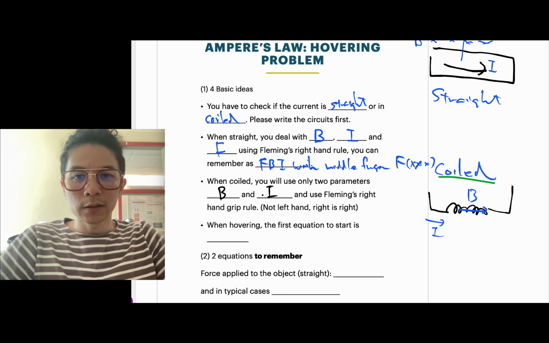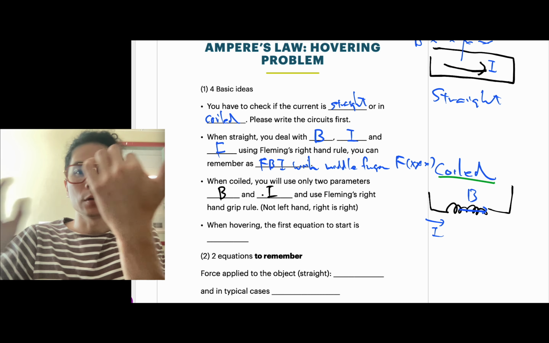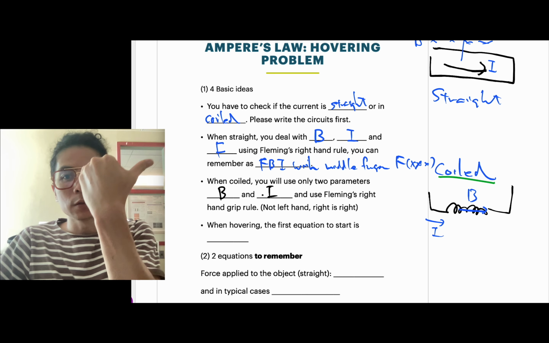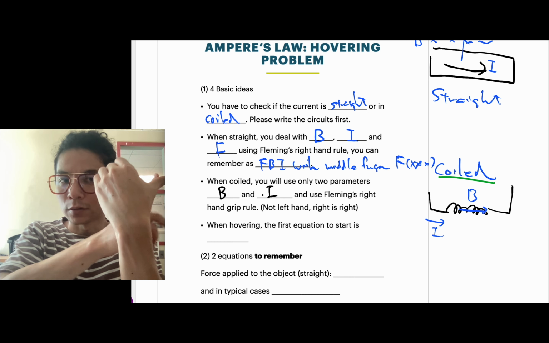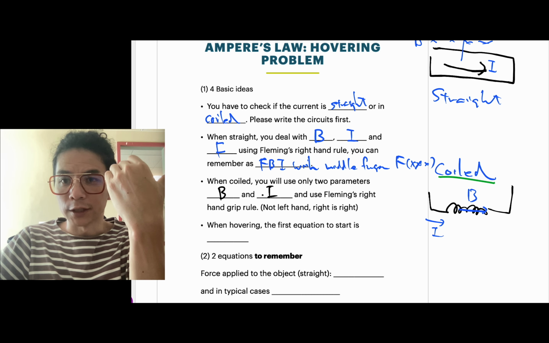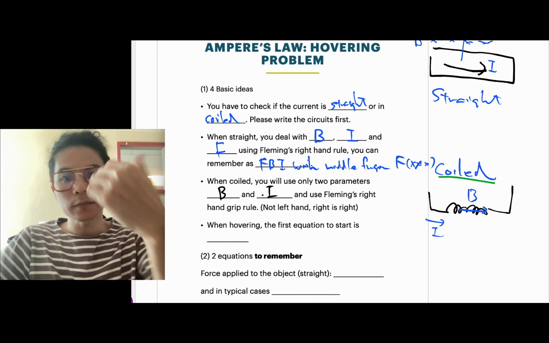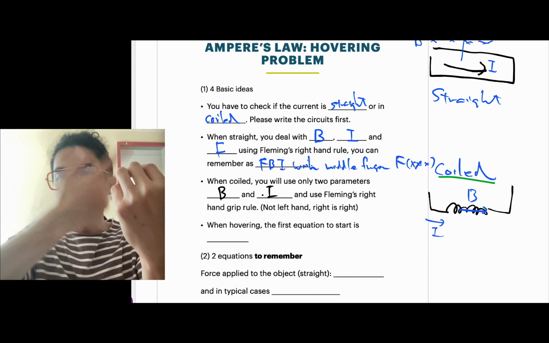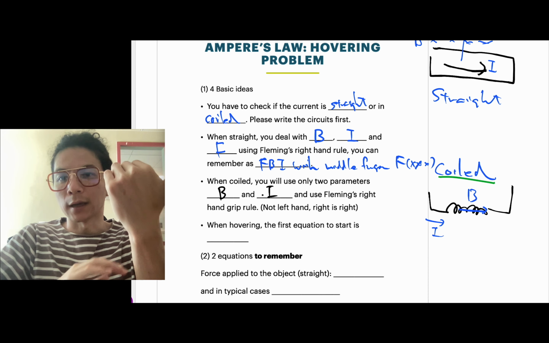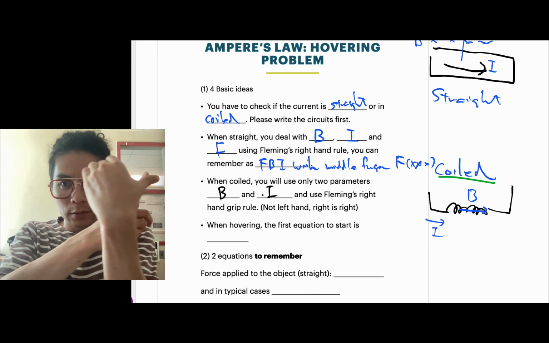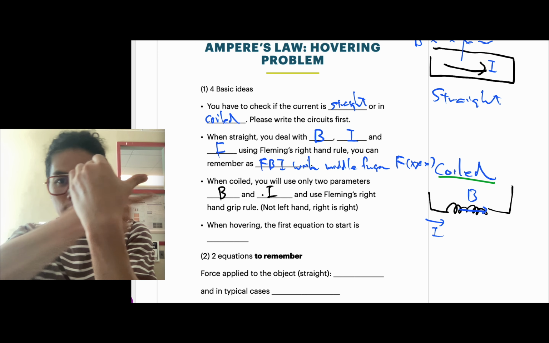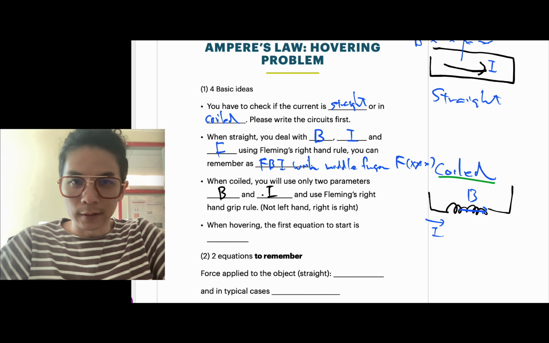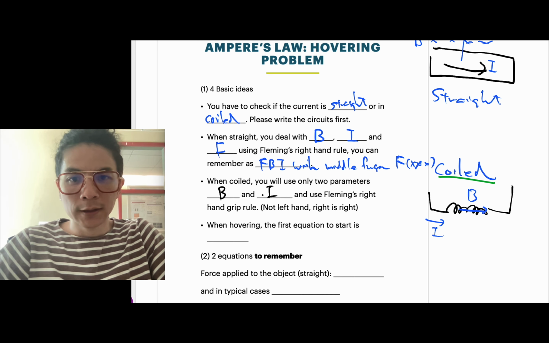The idea is when the current is coiling, you use these four fingers as the coil, and you use the thumb as the direction of the generated magnetic field. For example, when current is going through this way, you use this hand as the current direction, so the generated magnetic field is in this direction. Please practice using your right hand, since it's important to get used to it.